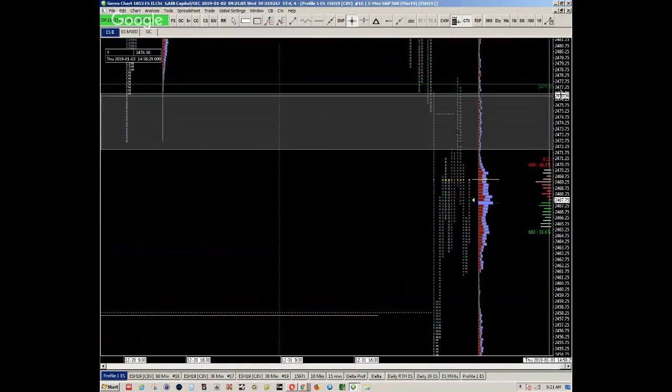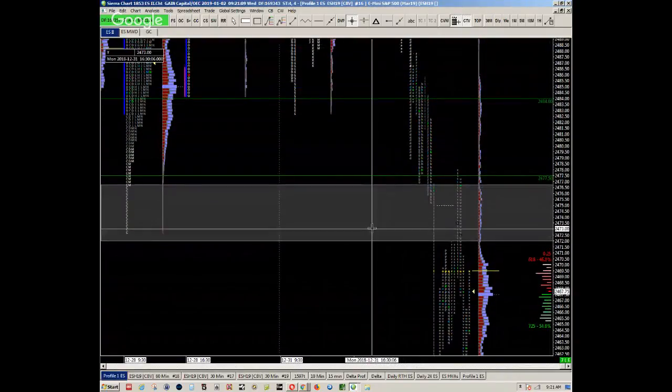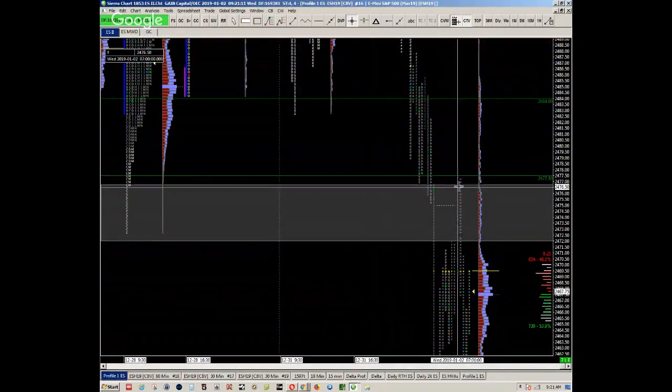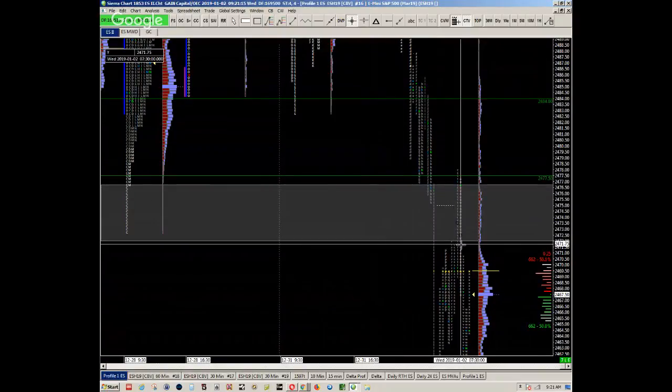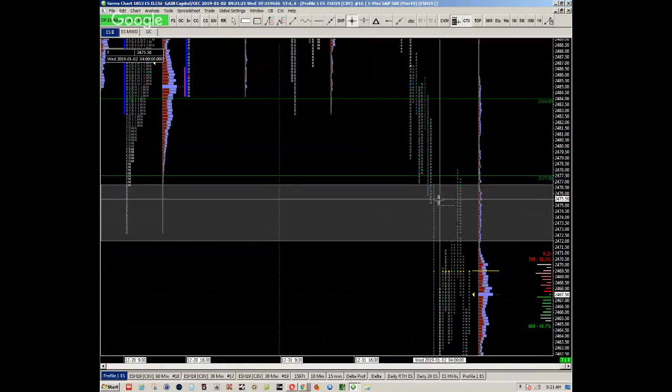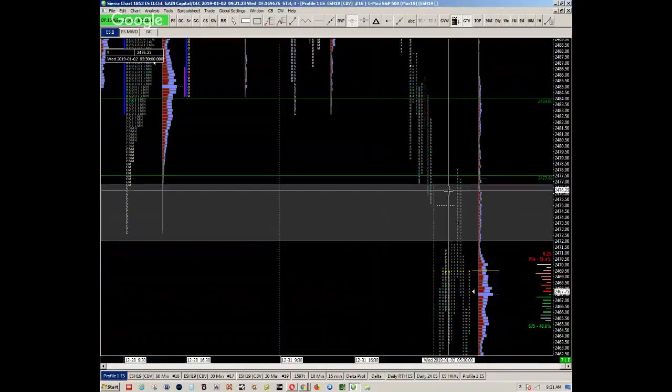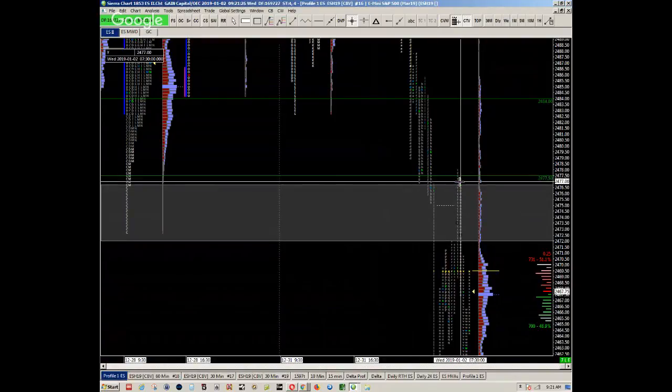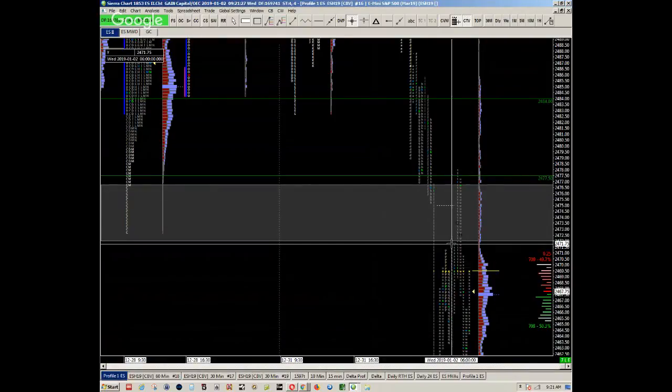One thing I wanted to point out: I haven't drawn new balance areas. This is from a long time ago. I don't even know when this was drawn, but it goes back a ways because we haven't been down here in a while. As you can see, this might have been a place to short against. You can see it look back above these and then come back down again, and this high right here stopped.